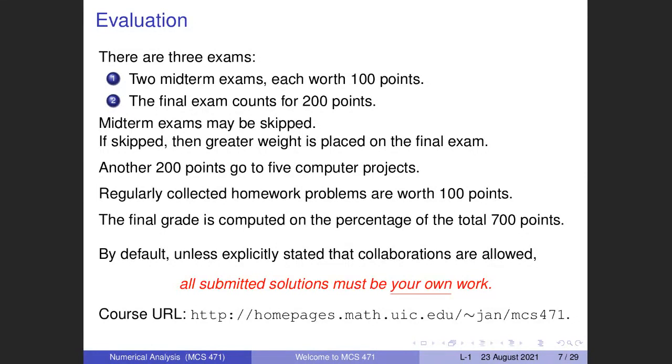The 300 points are where you have more time. Everything is, of course, time limited. We need to conclude by the end of the semester, but there are 200 points that go to computer projects for which you may work in pairs. Everything else has to be done individually.